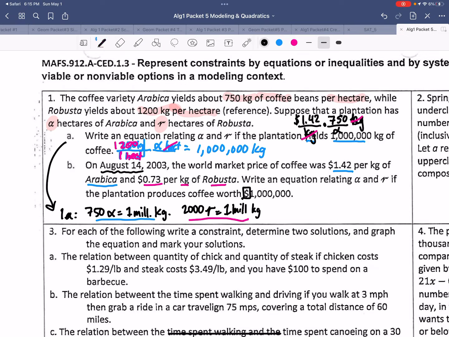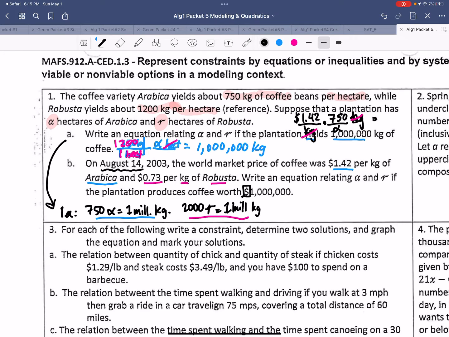So we can say that would have to equal $1,000,000. Actually, I'm going to divide by $1.42 per kilogram, and we know that 750 alpha is listed in kilograms. So notice what happens here.